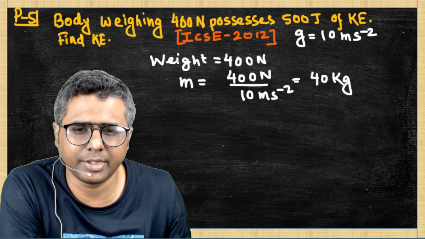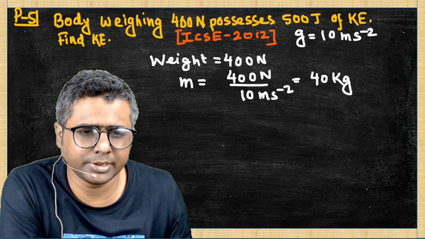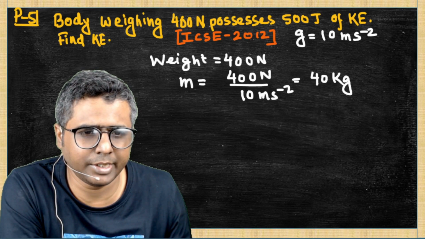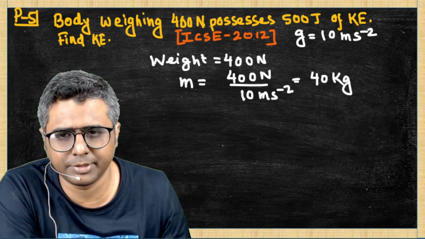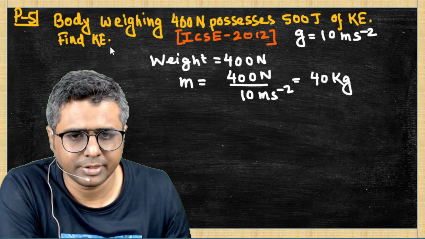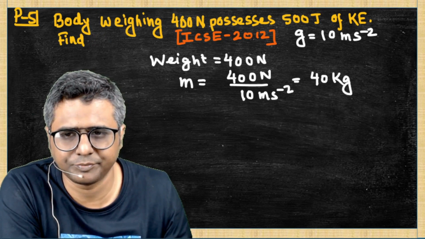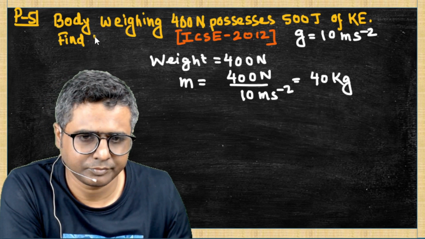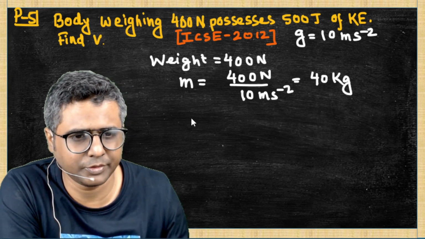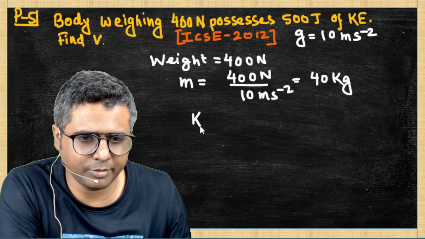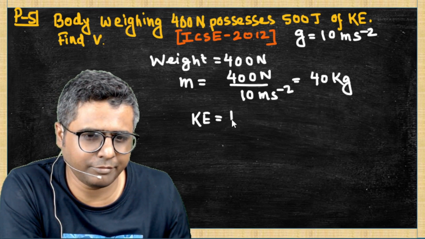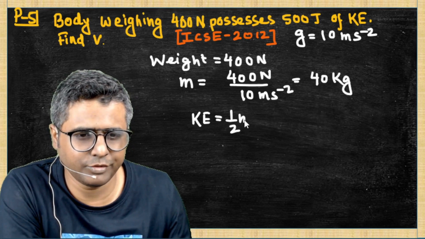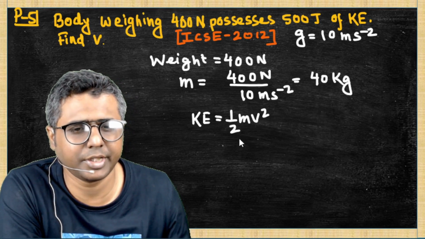Now it has been said that it possesses 500 joule of kinetic energy. Find KE. I think there has been a little mistake over here. It should be find the velocity. So see, KE formula is half into mv square, right?